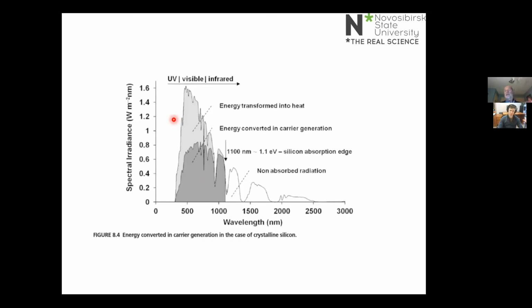So of the incident energy onto the PV module, most of that energy ends up as heat. And one of the big areas in photovoltaics research, not so much commercialized as yet, is trying to develop ways in which that excess heat can be removed from the back of a PV module and used to do things like run air conditioning systems or heat a building or some other application like that.